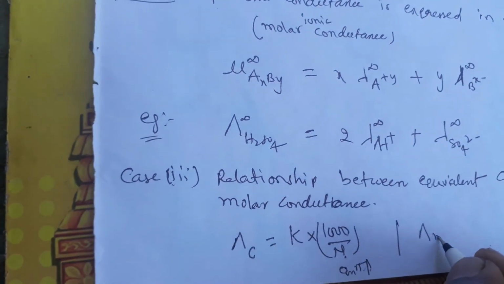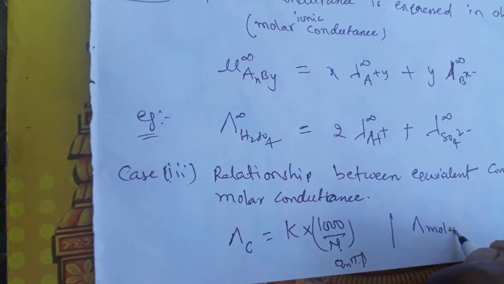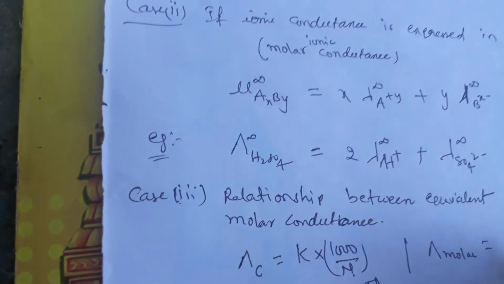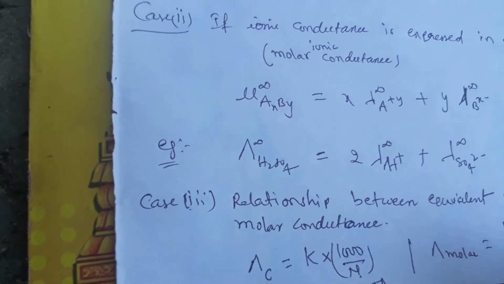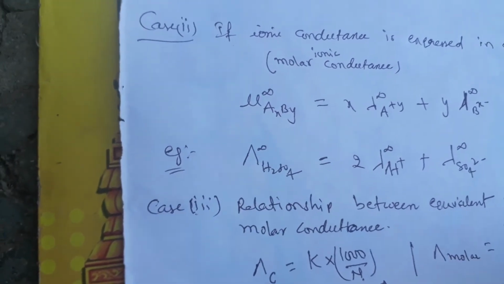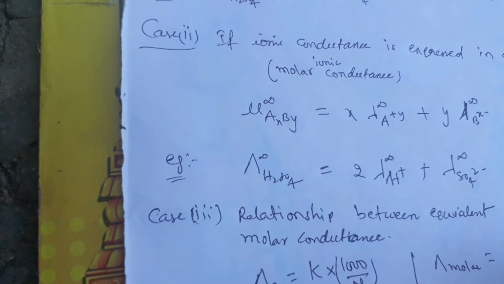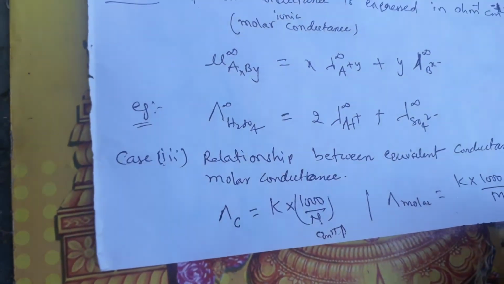If you see the molar conductance, mu is equal to K into 1000 by M, it depends on the molarity. So what is the molarity? Number of moles of solute present in V liter of the solution.